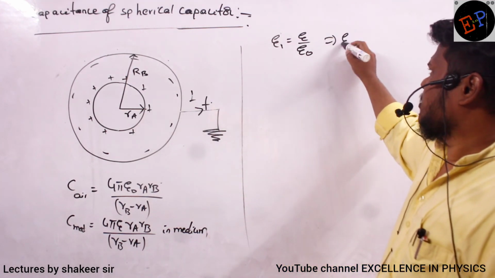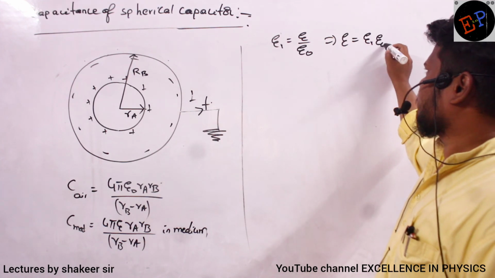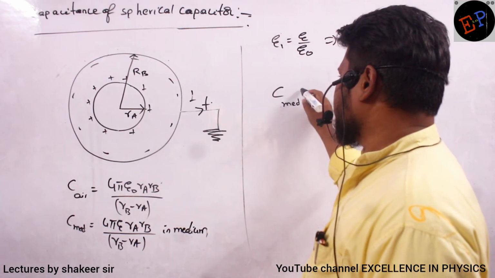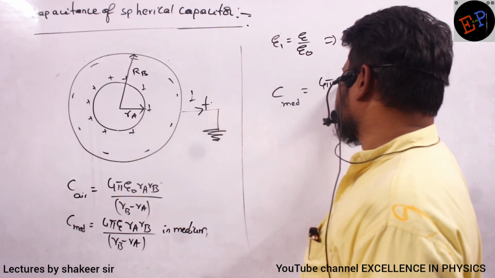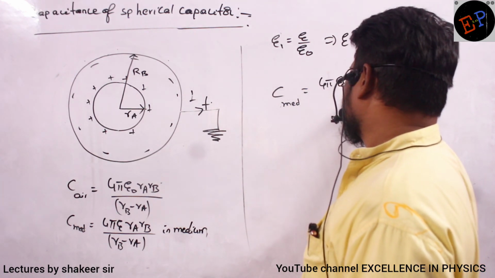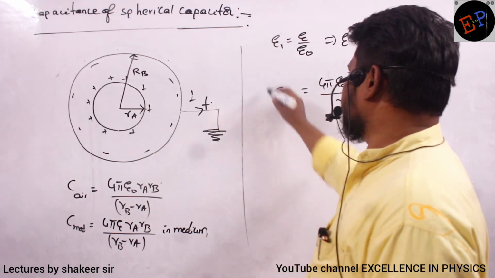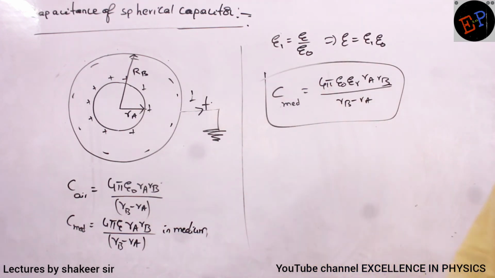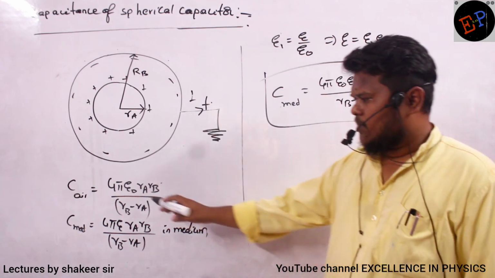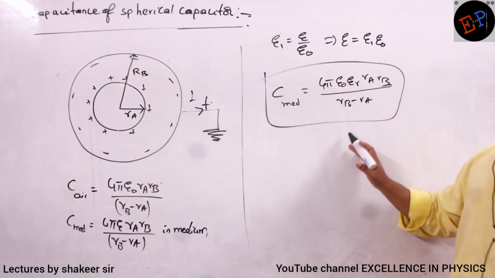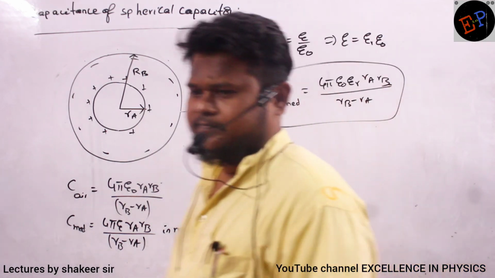So therefore, epsilon I can write as epsilon R into epsilon naught. So capacitance, when a medium is placed, is 4 pi epsilon naught epsilon R R_A R_B divided by R_B minus R_A. This is the equation. Understood? So instead of epsilon naught, I am writing epsilon. But epsilon can be written as epsilon naught into epsilon R. So I can write like this. Fine? Right.